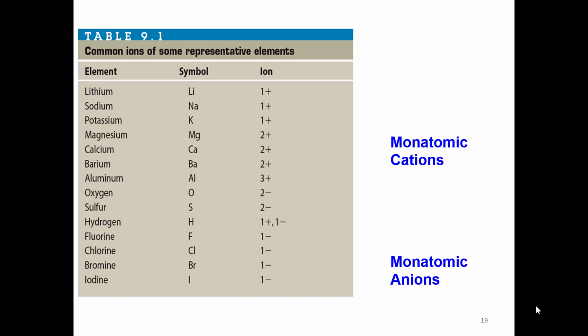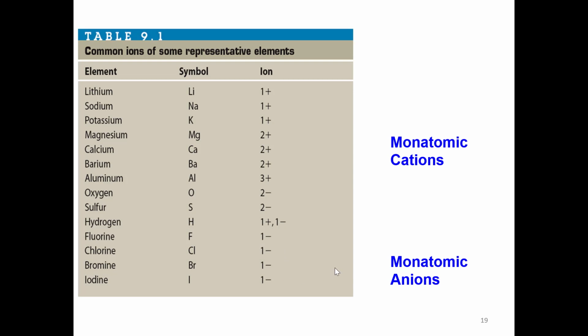In this table, we have the common ions of some representative elements. Then we have the monatomic cations, which correspond to the metals, this part, and monatomic anions, which correspond to the non-metals. And how will we know what is the charge for each of them?